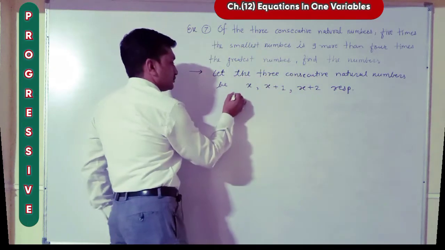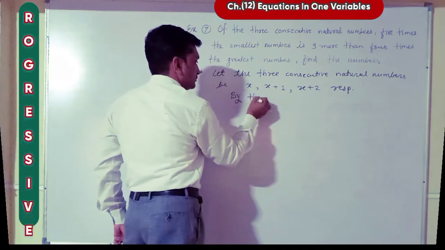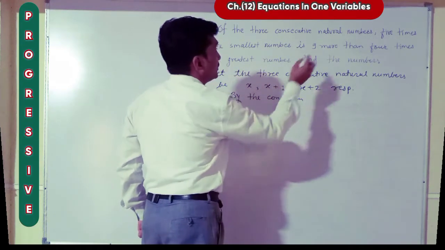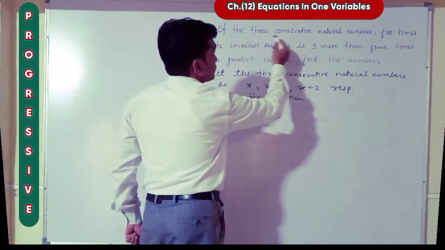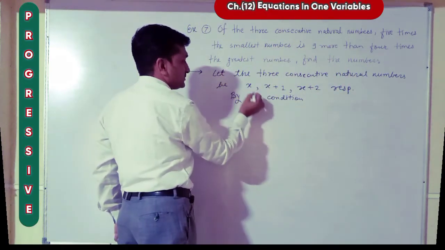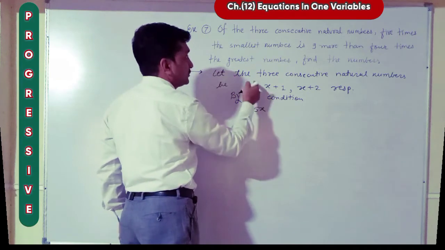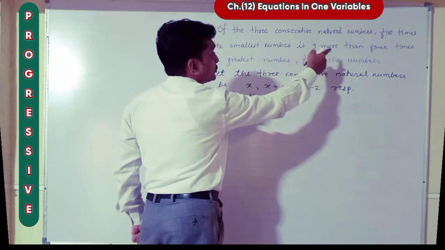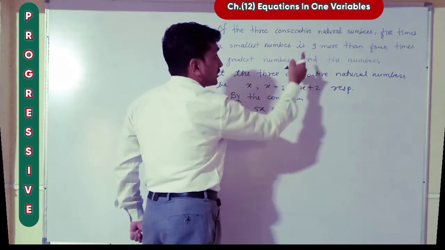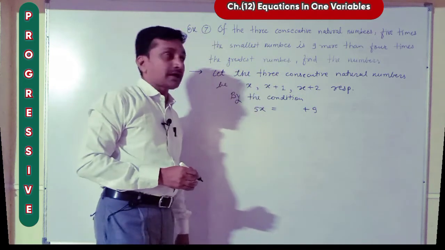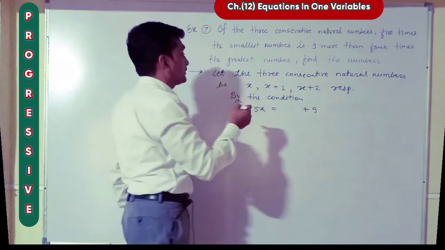Now by the condition, this example is very easy. By the given condition, what is the given condition? Of the three consecutive natural numbers, 5 times the smallest. Smallest is this, means 5 times the smallest is 9 more, and 9 more means plus 9, than 4 times the greatest.